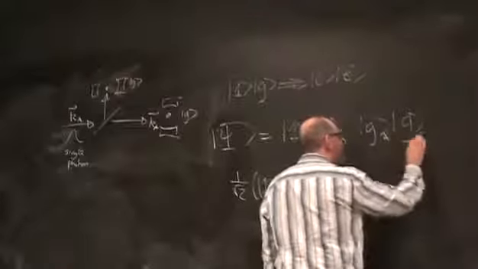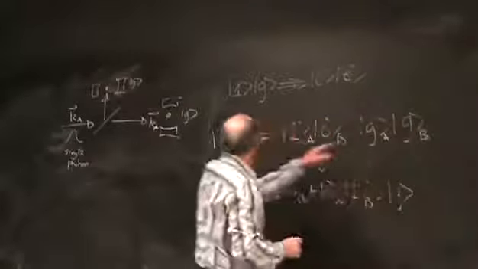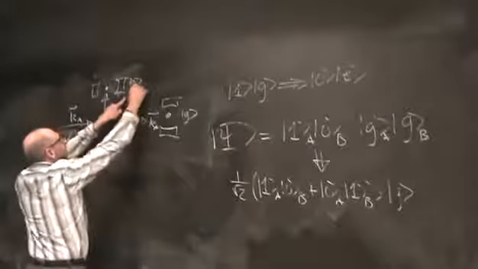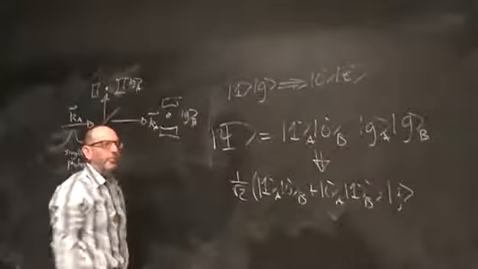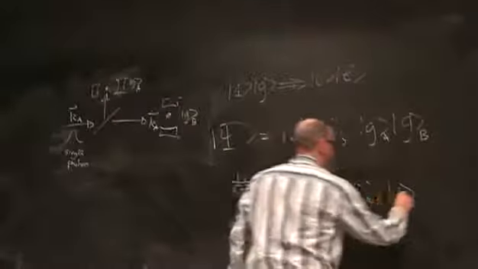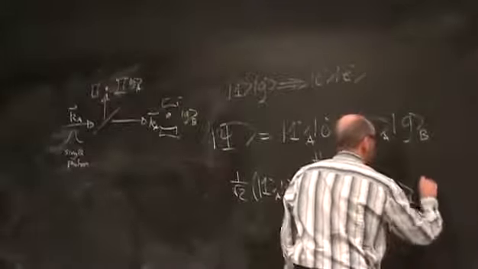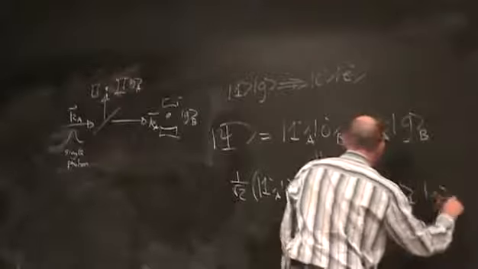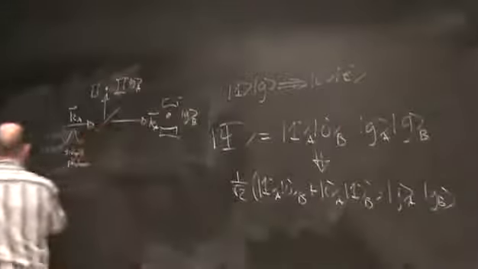I'll call this GA and GB. This is the atom at output port here, and this is the atom at output port there. Okay? So, I'll rewrite this a little bit.